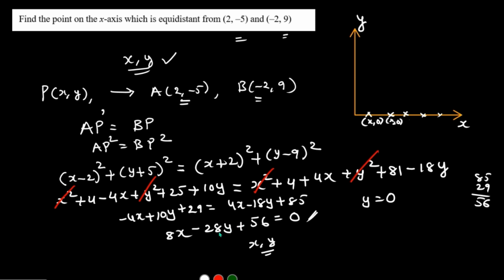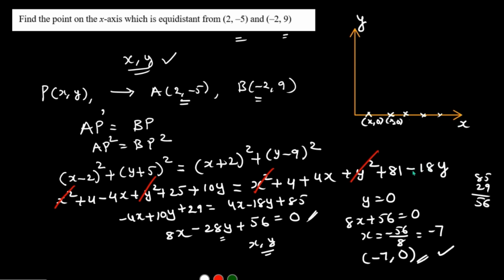If we substitute y equal to 0 in this equation, we get 8x plus 56 equal to 0. So x is equal to minus 56 by 8, that is minus 7. So the point is (-7, 0). At (-7, 0) it has the equal distance from these 2 points, and this point is lying on the x-axis. It's clear, right?